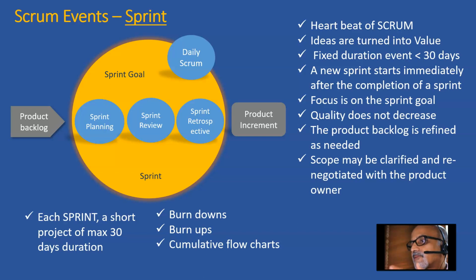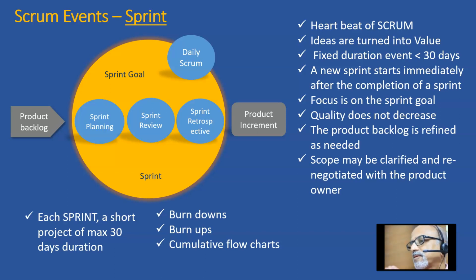I've seen weekly sprints, I've seen fortnightly sprints, and I've seen 30-day sprints as well. But as per the Scrum guide, a sprint cannot be more than 30 days. That is mandated. Then again, we cannot keep changing the sprint duration every now and then. You cannot run one sprint of 30 days, another sprint of 15 days, then another of 30 days.